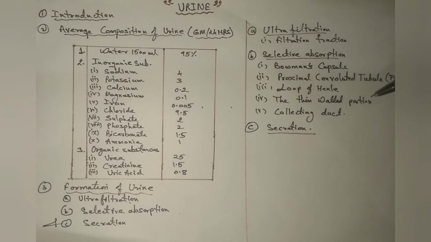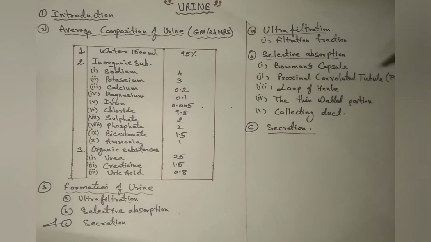If all these substances go out of the body along with urine, the body will become weak and there will be hardly any use of ingesting food. Therefore, nature has a provision of selective reabsorption of glomerular filtrate.